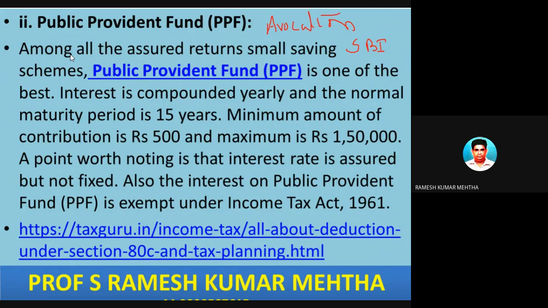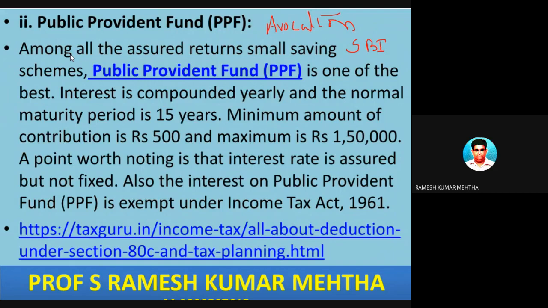A point worth noting is that the interest rate is assured but not fixed. Also, the interest on public provident fund is exempt under the Income Tax Act 1961. So, if any interest is generated and paid on the date of maturity, then the interest earned is totally exempted under Section 10 of the Income Tax Act 1961.